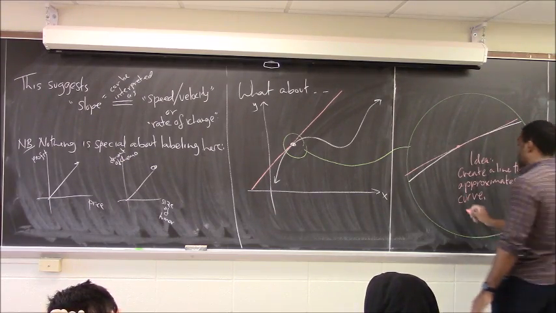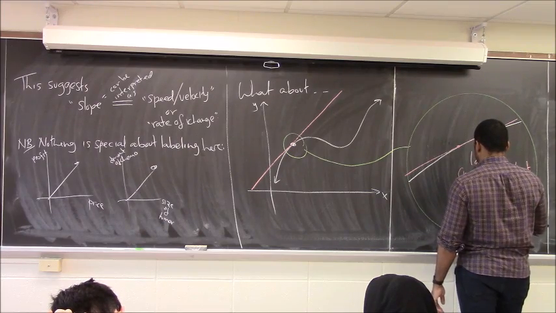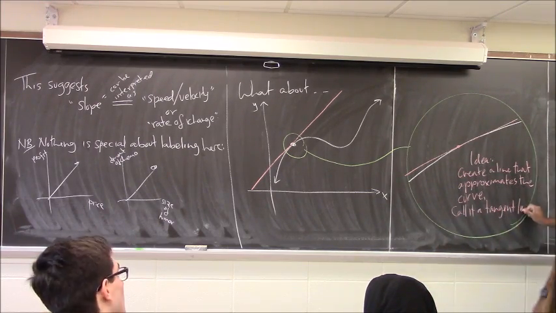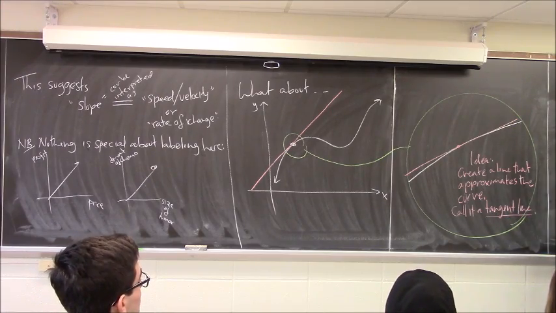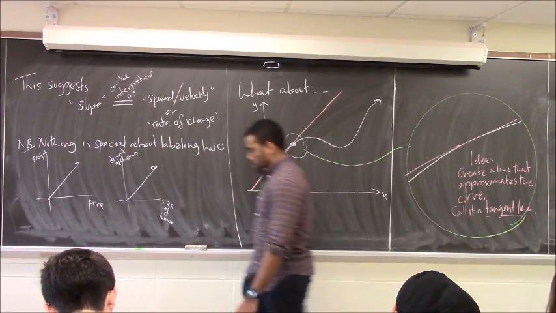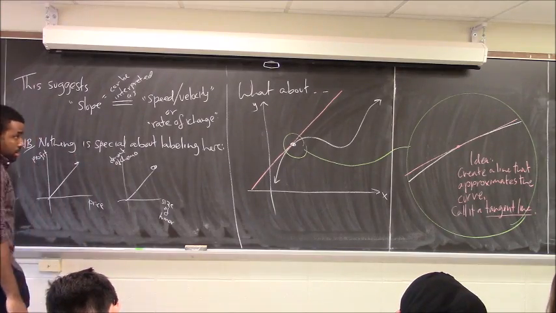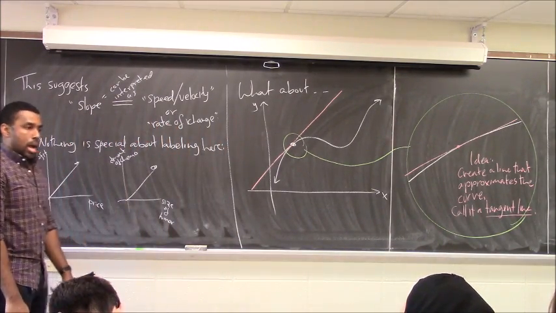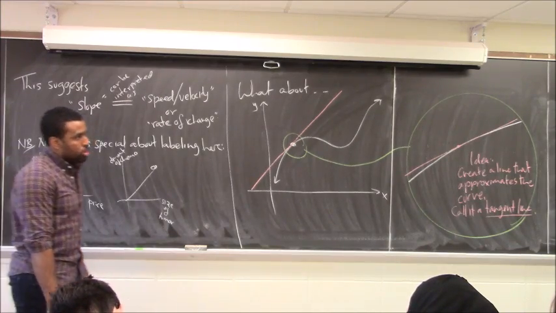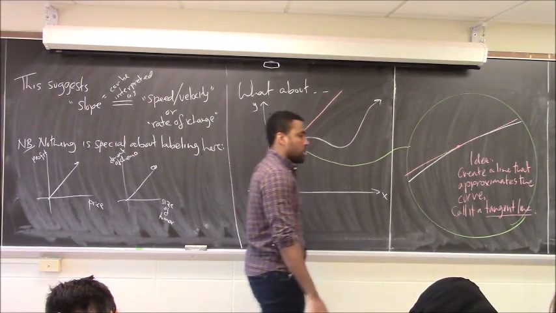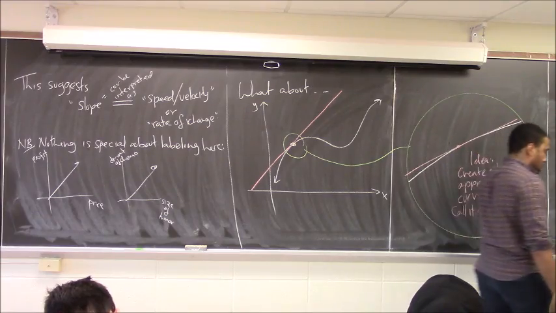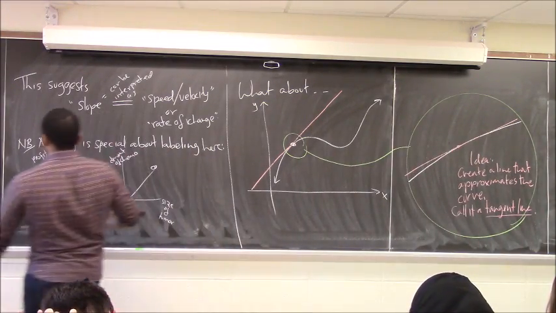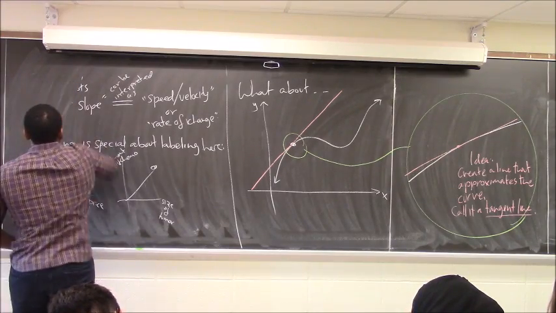We'll give this line a name. Call it a tangent line. The word tangent means to touch. So basically, if I want to figure out how fast a curve is moving at some point, I will create a line at that point that closely approximates the curve upon zooming in. I will call this line a tangent line. And I will define the slope of the curve at that point to be the slope of that line at that point.